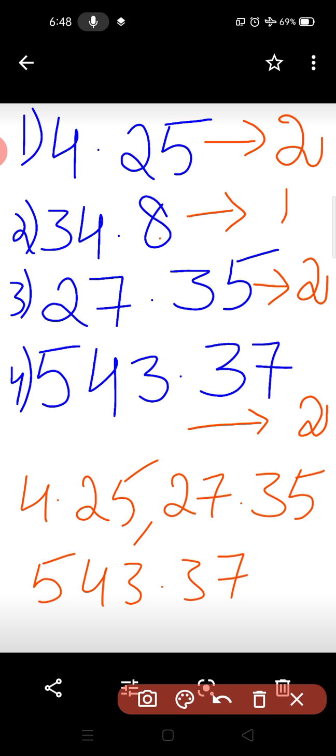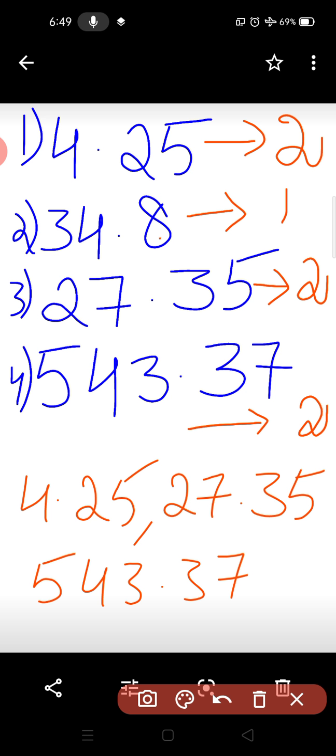These three numbers are like decimals, because if the number of digits in the fractional part of two or more decimal numbers is equal, then they are like decimals. In the first number we have 2 digits, and the third and fourth numbers also have 2 digits. So the number of digits in the fractional part of these 3 decimal numbers is the same. So these are like decimals.